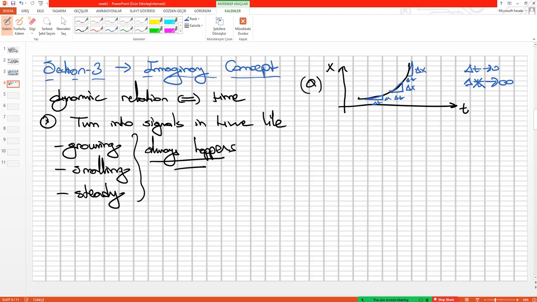If we have another condition, like B here, with T and X, we may have a signal like this one, right?